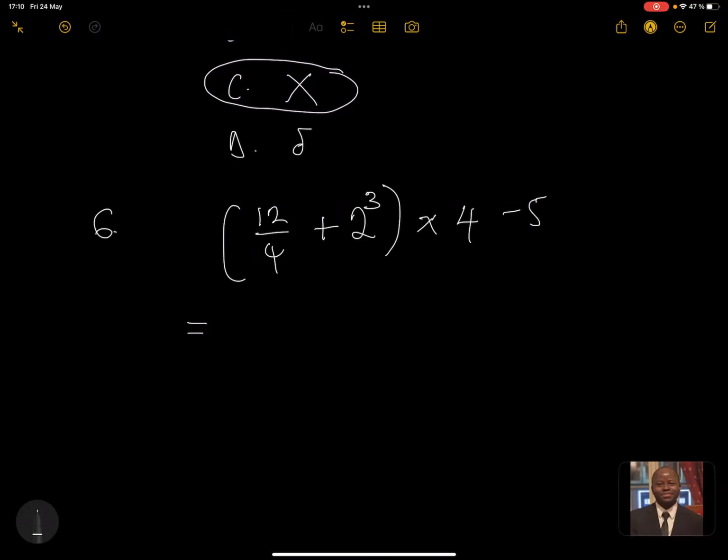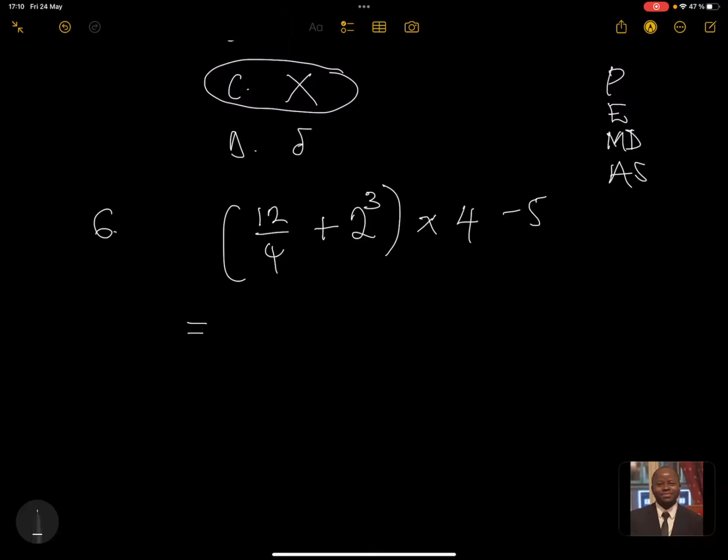Remember, according to our rule, PEMDAS, we start with parentheses, anything in the brackets. Then we move on to exponent. Multiplication and division are both at the same level; it depends on which one comes first when moving from left to right. Addition and subtraction are also of the same level, moving from left to right.